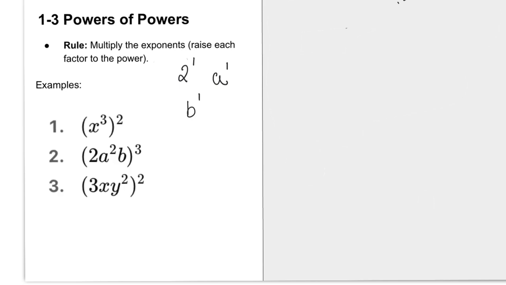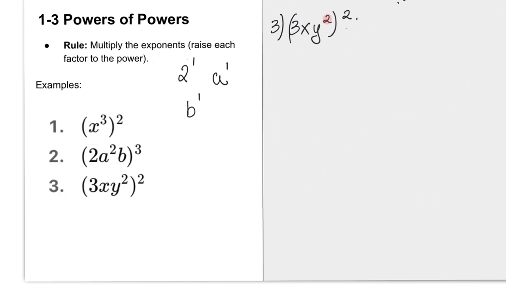All right, third example. 3x y raised to the second power, and that raised to the second power. So when the y is raised to the second power, that doesn't mean that 3 is raised to the second power or x is raised to the second power. I'm talking about right here.